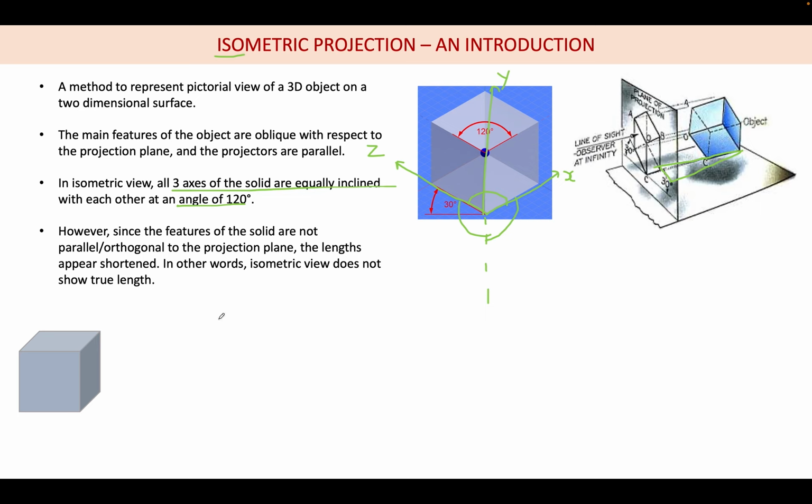If you want to visualize how the isometric is arrived at, take a cube. When you look at the cube from the front, like in orthographic, what will you be able to see? Anybody? You have a cube, yes, it's a square. Assume this is similar to a square.